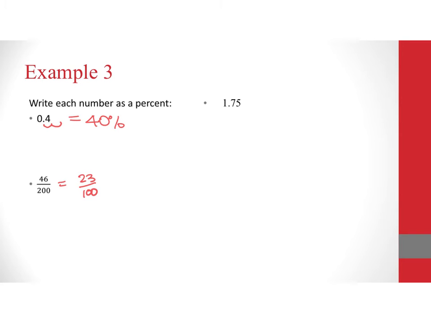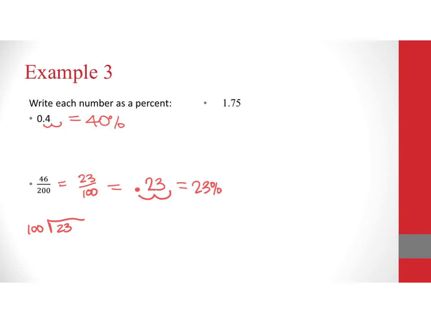So now that I have this over 100, I know that this is really just going to give me 0.23. And if you don't know that, you can go ahead and divide that out, and do your long division, don't forget, and work your math out this way. So I end up with 0.23, and if I want to write this as a percentage, I'm going to move my decimal place 2 places to the right, and I get 23%.